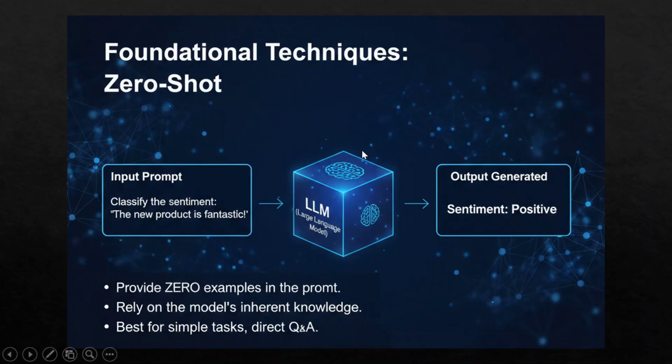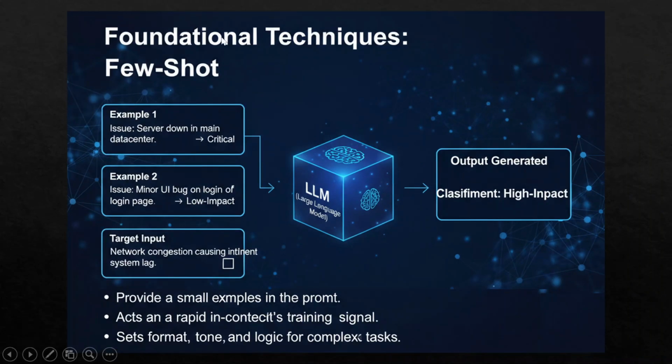Going back to our slide. That was the first one, and then we have this foundational technique, that is few shot, where we are providing some examples to our model, and based on our examples, the model judges what we are expecting. For example, server down in main data center is a critical type of incident. Minor UI bug on login page could be low impact.